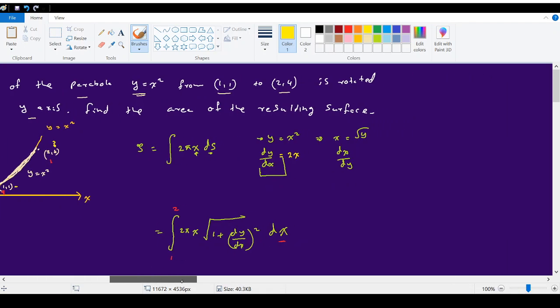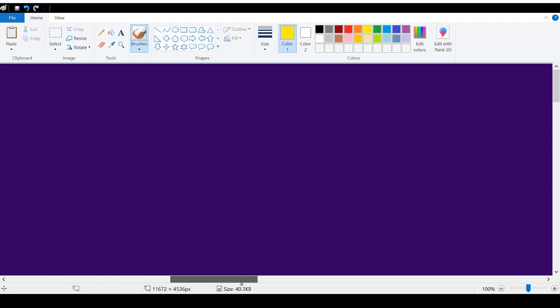If you are using the second formula, then the area will be equal to, still, since it is a y-axis rotation, this x will not change. Only the part associated with ds will be changed.